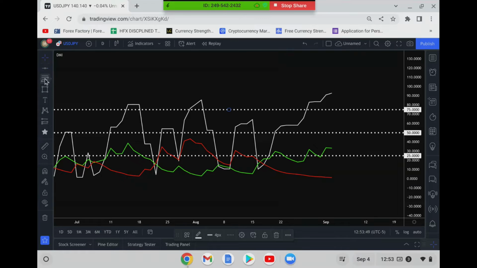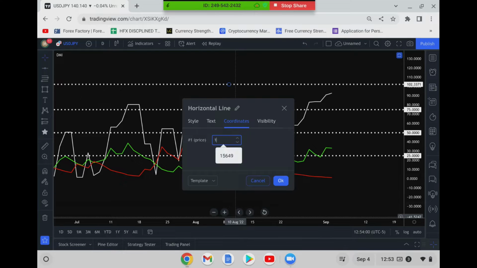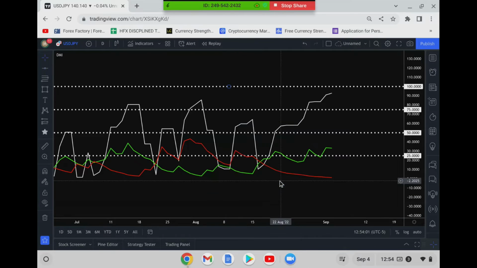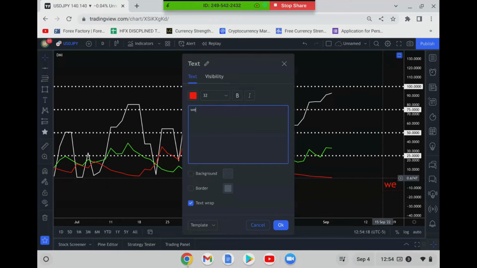And the next one at 100. So you guys, you can think of this as like 4 different levels of volatility in the market. So let me label this. Between 0 and 25, you guys, this is going to be a weak trend.